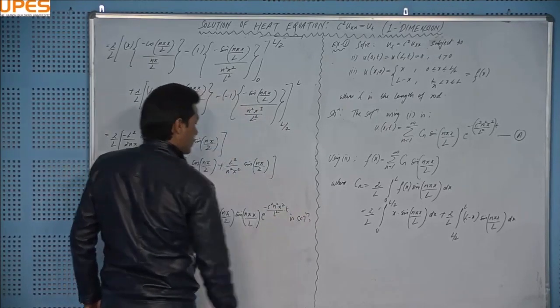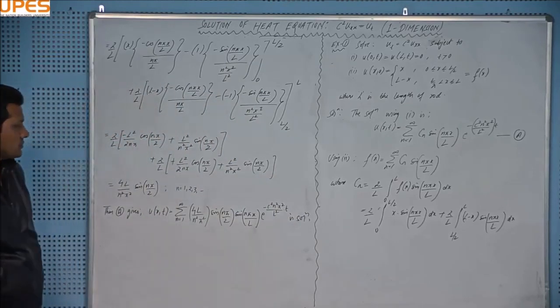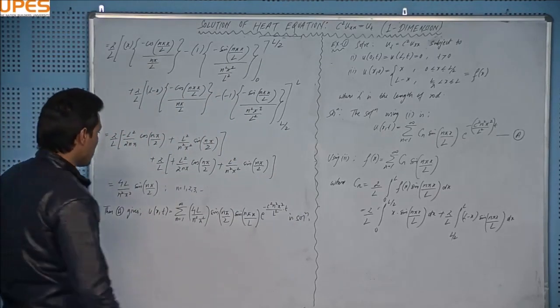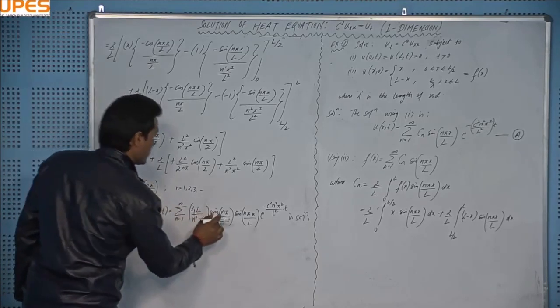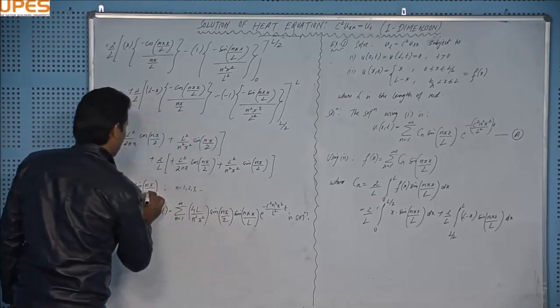This is the solution, right? So this is the final solution. This is n pi by 2, right?